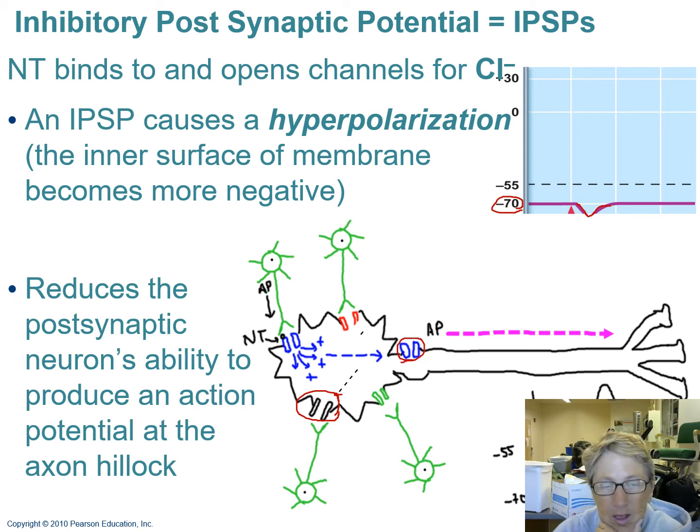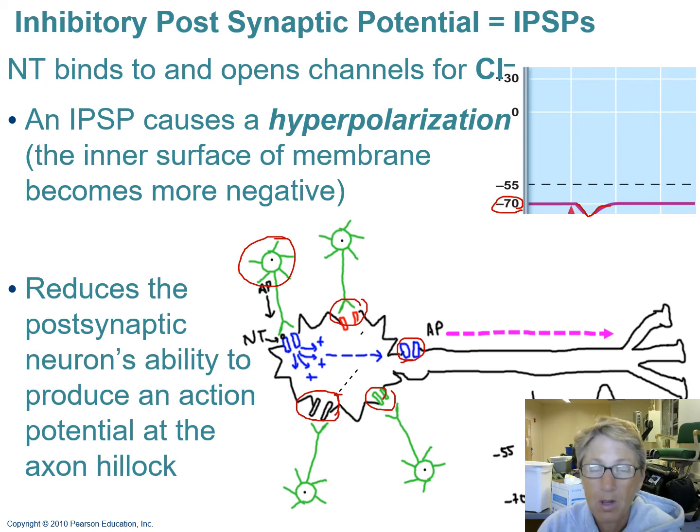Let's say you have one neuron sending a positive signal, but you have 3 neurons sending a signal for chloride to flow in, opening channels for chloride. You'll have more negative charges in than positive charges, and you won't fire an action potential.